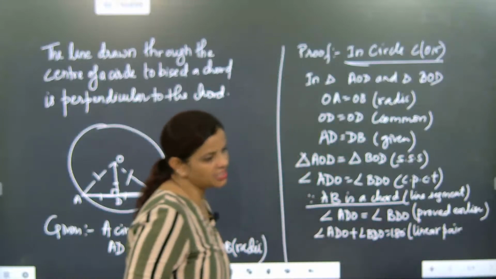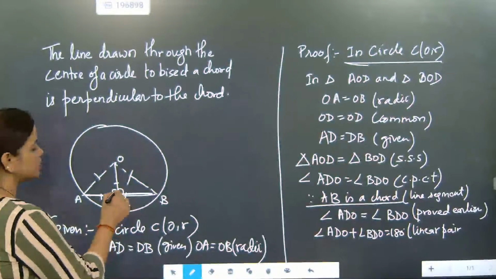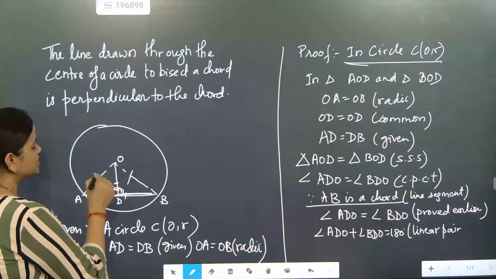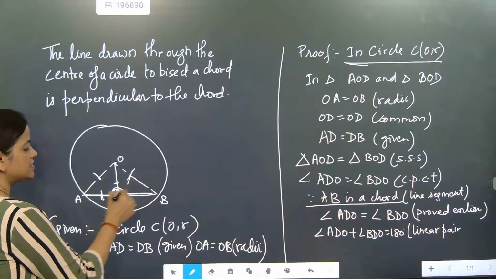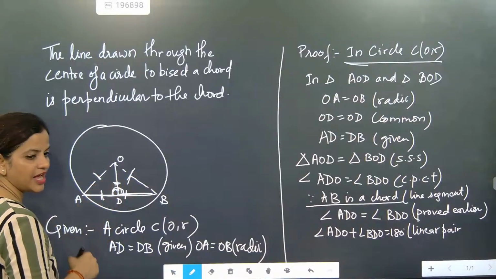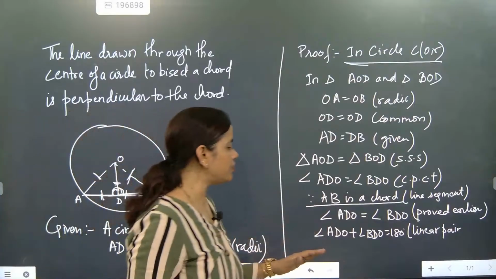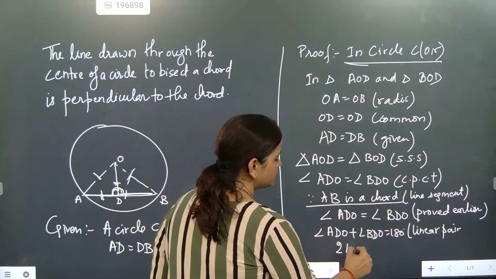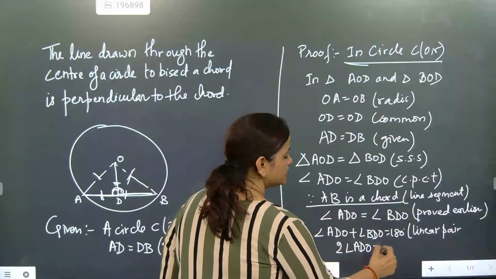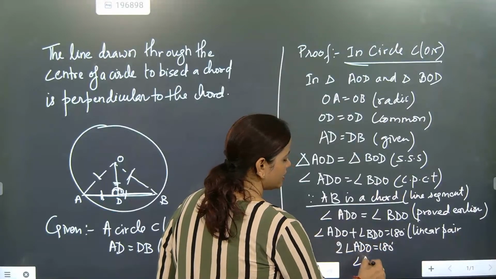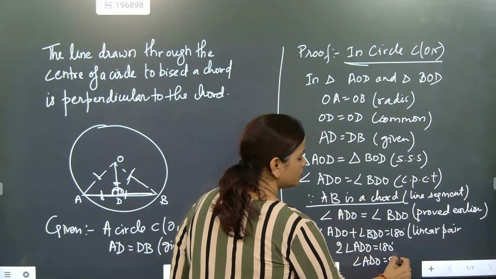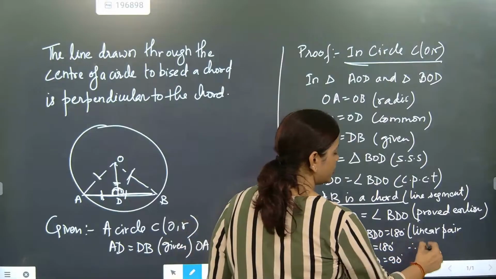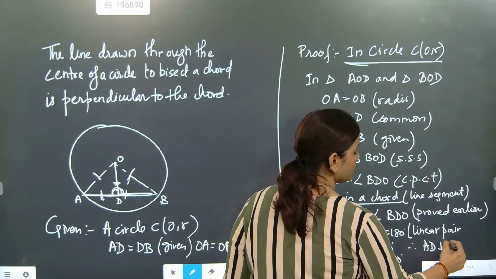So 2 times angle ADO is equal to 180 degrees. So angle ADO is equal to 90 degrees.